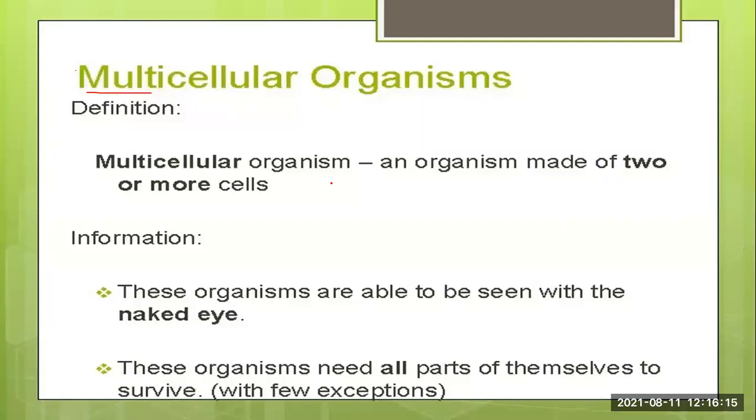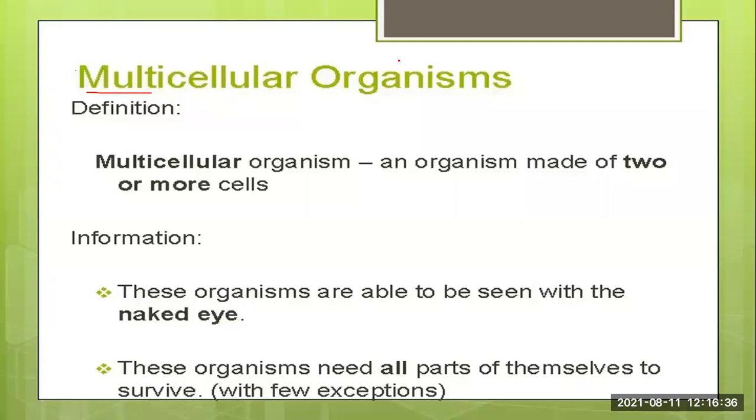Okay, so all the living things that you see around you, including your family, the plants, the animals, even the ants and the flies and the bees, these are very tiny, but still they are having millions of cells in their body because cell is very tiny and a small organism can have number of the cells.